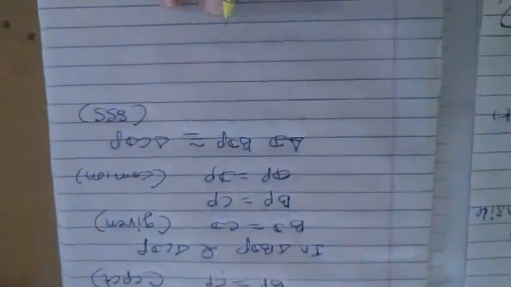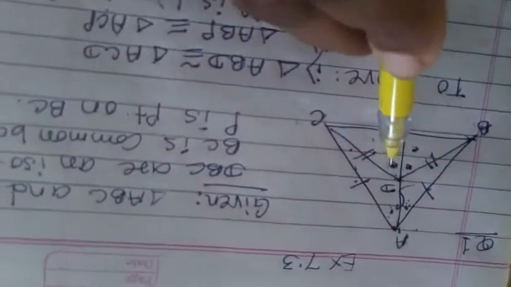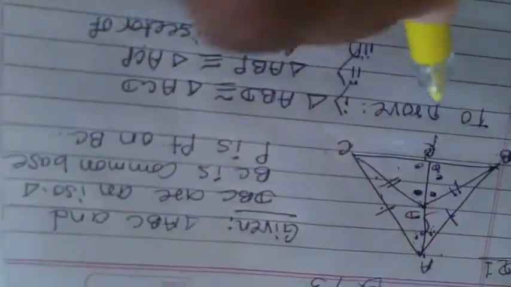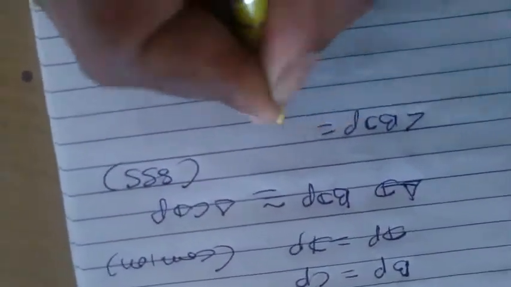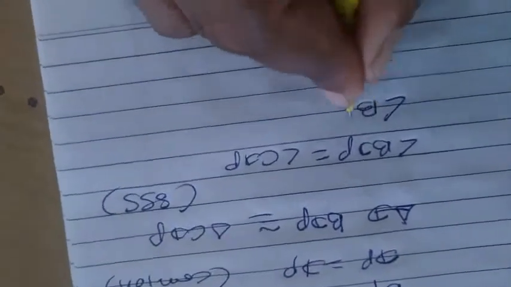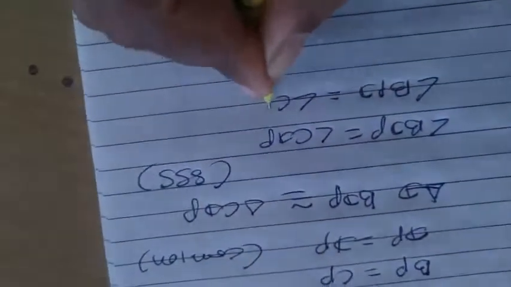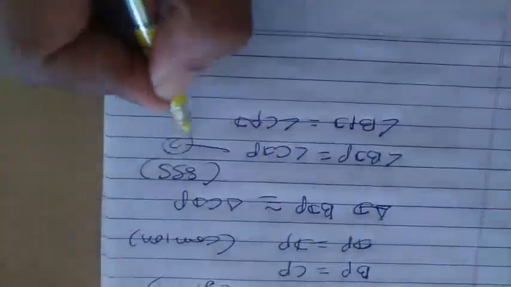Triangles are congruent, and if the triangles are congruent in CPCT, we can say that these two angles are equal, these two angles are equal. Angle BDP is equal to angle CDP. Angle BPD is equal to angle CPD. Now these two angles are equal, give equation 2.